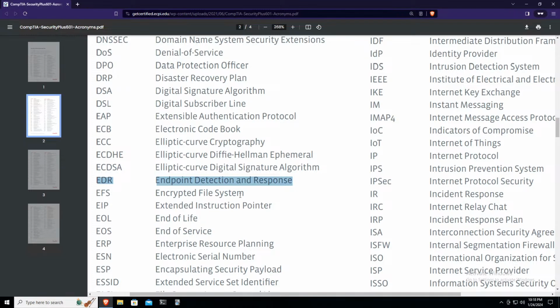EFS, encrypted file system. So a file system being a directory and like a drive, right? On your system, and then that being encrypted via, trying to remember the tool, BitLocker.